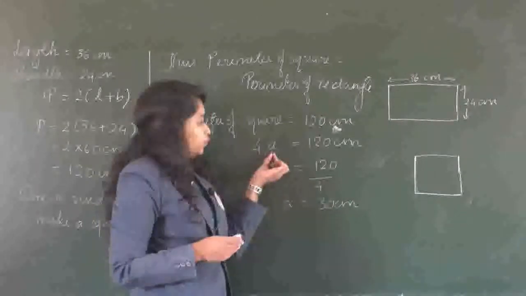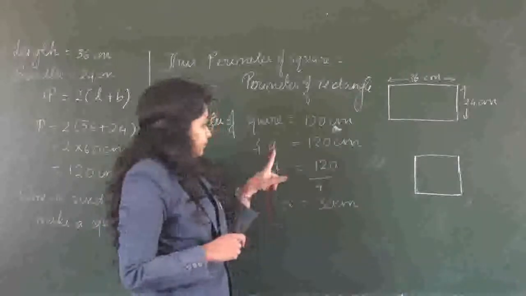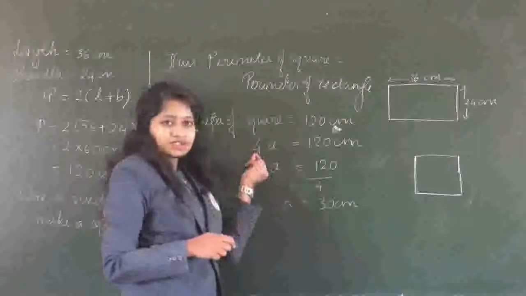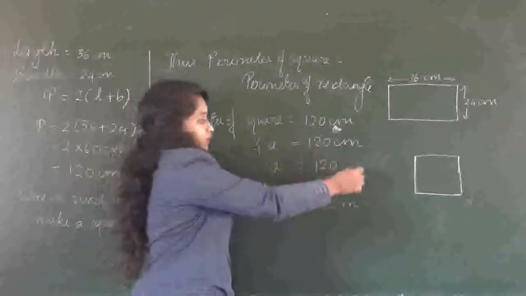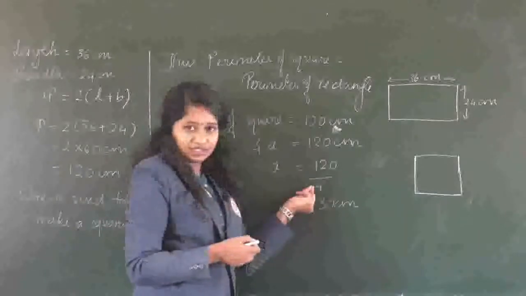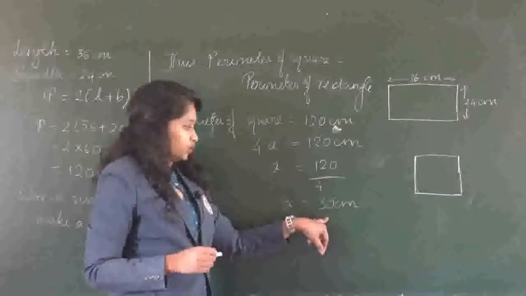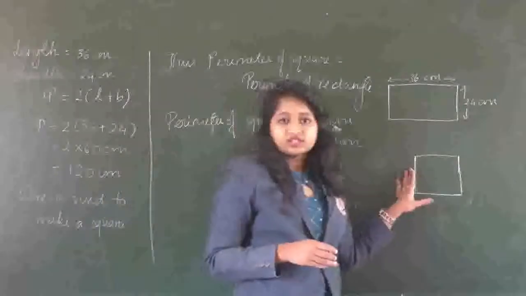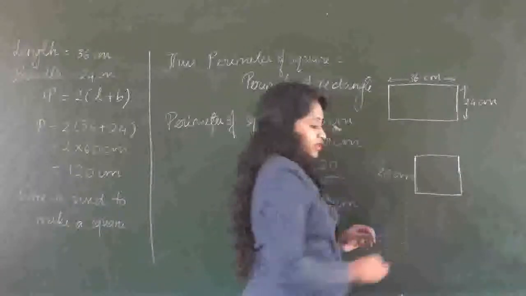So 4 into A is equal to 120 centimeter. A is equal to 120 by 4. Since 4 is here as multiplication, when we take it to the other side, it comes as division. So 120 by 4 is equal to 30 centimeter. So we got the side of the square as 30 centimeter.